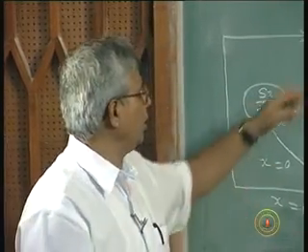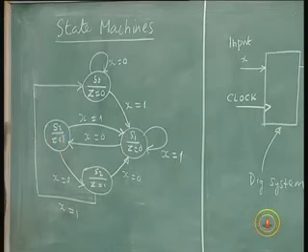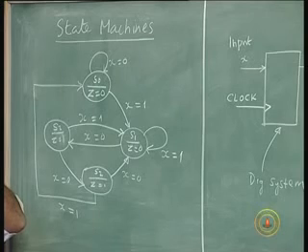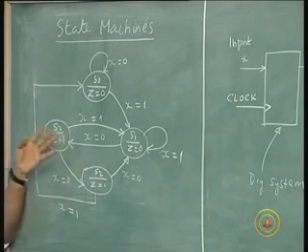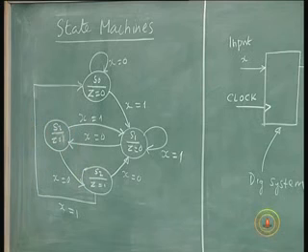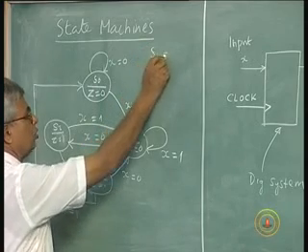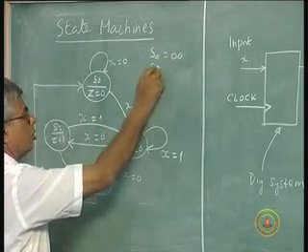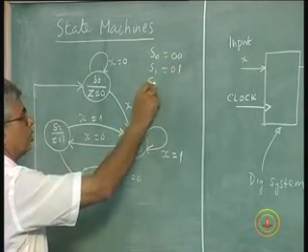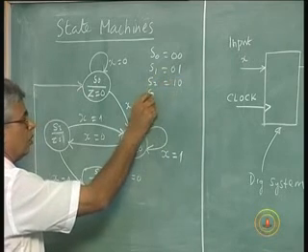For example, with 4 states, how do I distinguish between state S0, S1, S2, S3? I need to represent these states as binary variables. So I can, for example, say S0 is 00, S1 is 01, S2 is 10, S3 is 11.